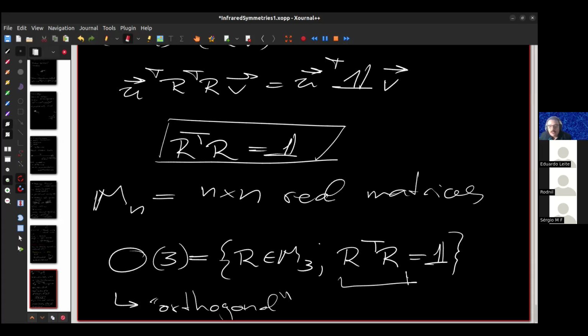A matrix that satisfies this condition is said to be orthogonal. So the collection of all 3 by 3 orthogonal matrices is O3, which, we understand now, is the collection of all rotations.